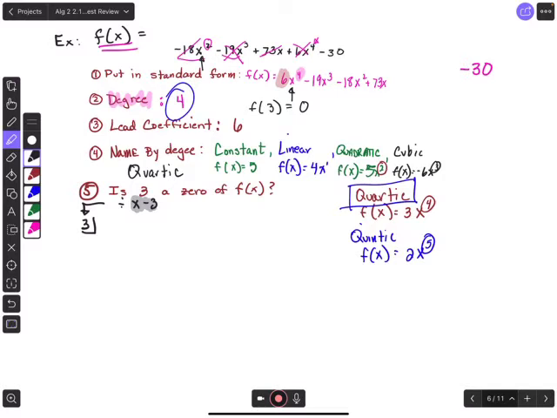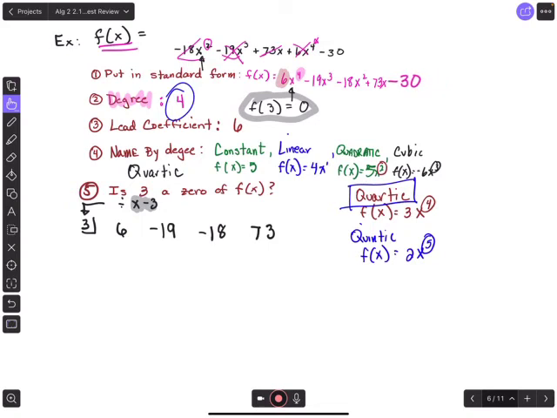But we also learned if I do synthetic division with the number 3, the remainder tells me the f of 3. So I'm going to put a 3 in the box, and I'm going to list my coefficients, 6, negative 19, negative 18, and 73, and, oops, minus 30.